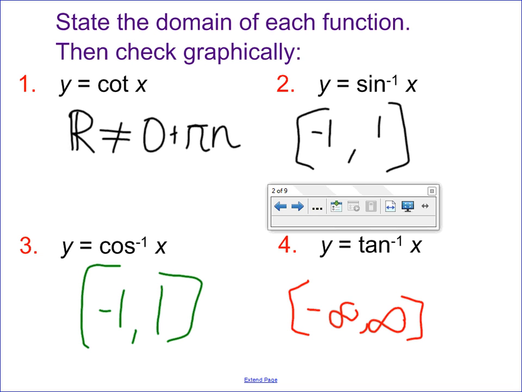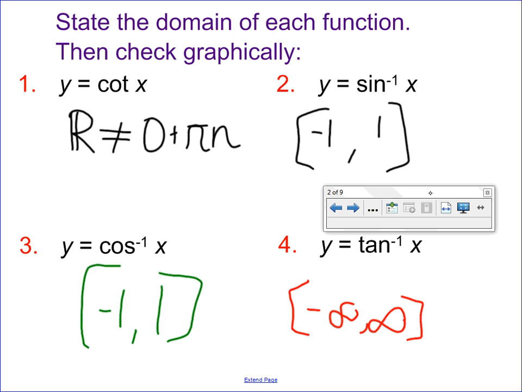Good. Before we take a look at number 4, I just want you to think about the difference between number 2 and number 3. Their domains are exactly the same, and yet their range differs, right? If I put a value between -1 and 1 into my inverse sine function, I'm guaranteed to produce an output between what y values?